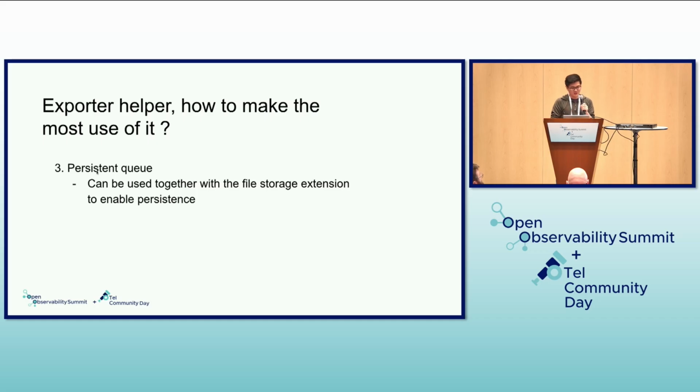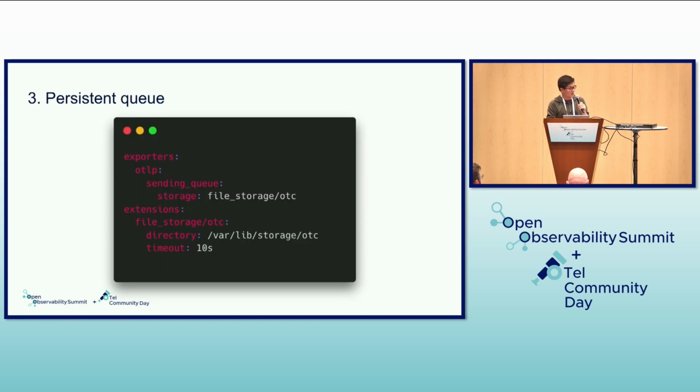And third, the exporter helper can also be configured to use a persistent queue instead of an in-memory queue, which again happened to be the focus of the last talk. If you were in this room half an hour ago, the last talk covered this in much detail. The persistent queue is often used together with the file storage extension to enable persistence. So a sample config looks like this. You define a file storage extension and link it to the sending queue storage part in the exporter helper config.